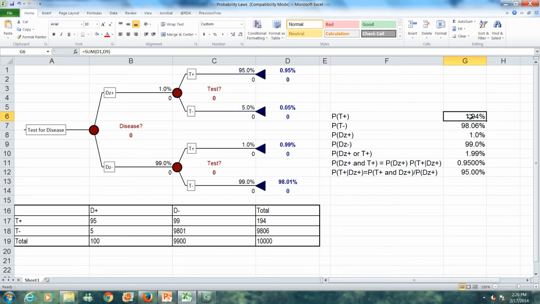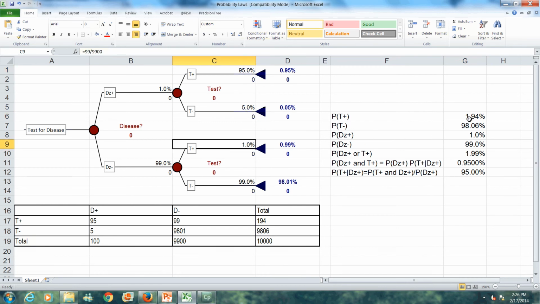Let me point out one last thing. If you look at the probability of testing positive, for those 10,000 people, we would say 1.94% of them are going to test positive. But look in the model here in column C. We have two values for testing positive, 95% and 1%.